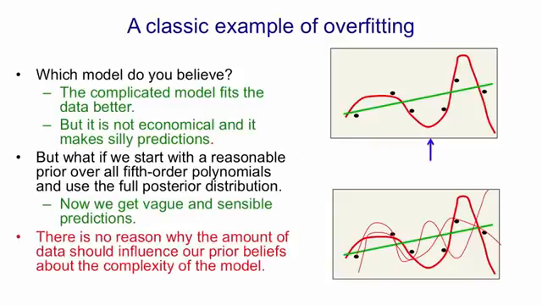From a Bayesian perspective, there's no reason why the amount of data you collect should influence your prior beliefs in the complexity of the model. A true Bayesian would say, you have prior beliefs about how complicated things might be, and just because you haven't collected any data yet, it doesn't mean you think things are much simpler.